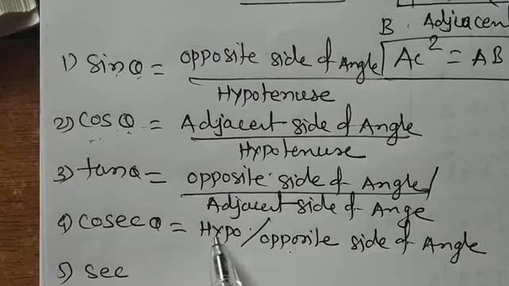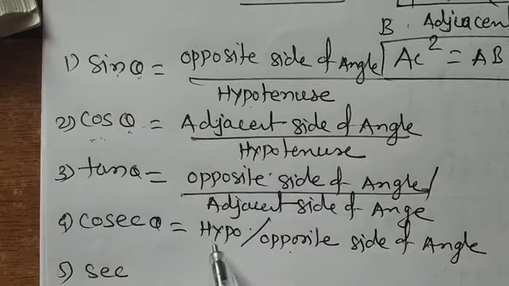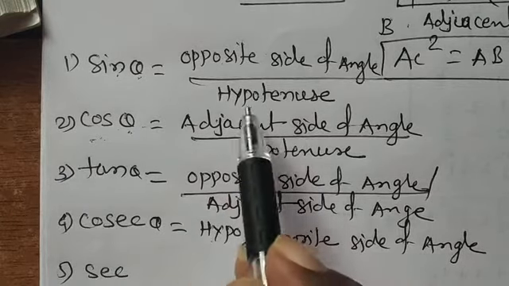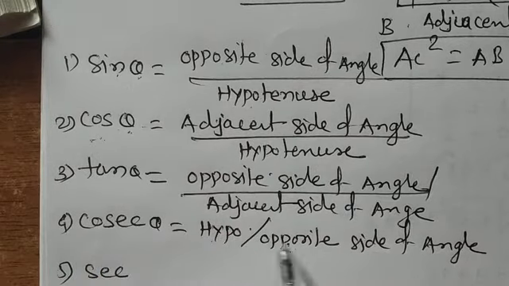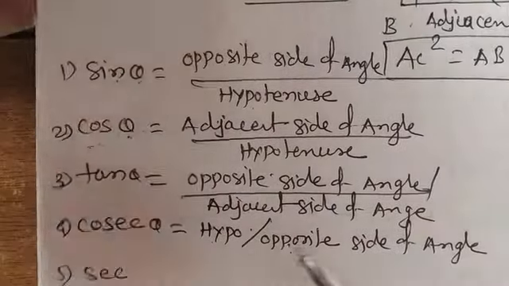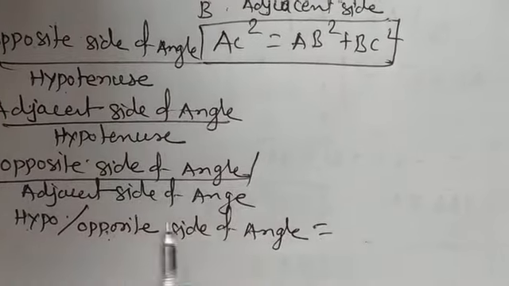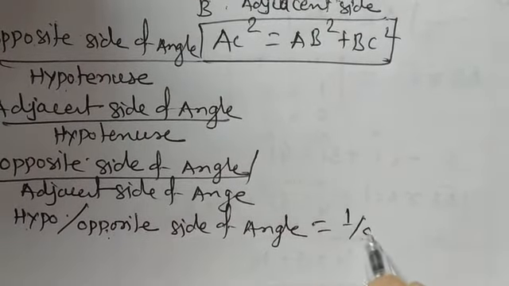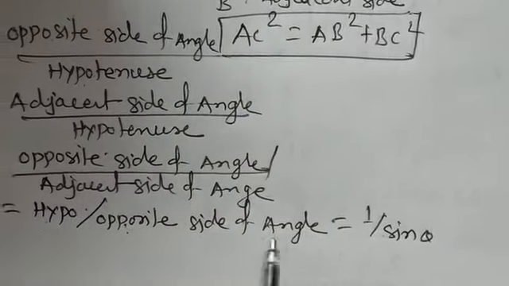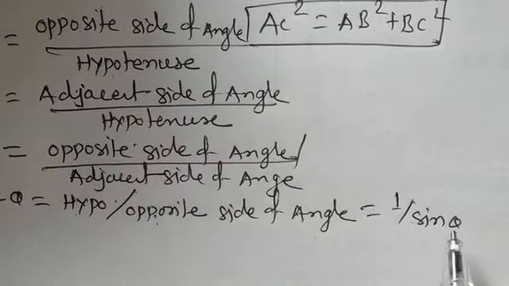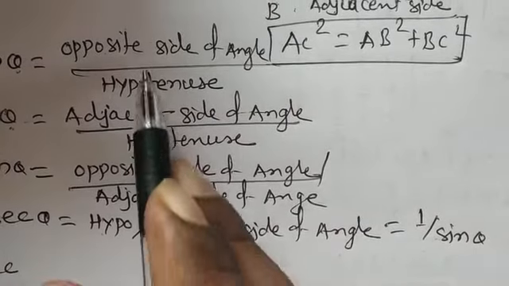You have learned that sine is the opposite side of an angle upon hypotenuse. This is the reverse, the inverse: hypotenuse upon opposite is cosec. So we can write cosec theta is equal to 1 by sine theta, because this is the inverse of that.